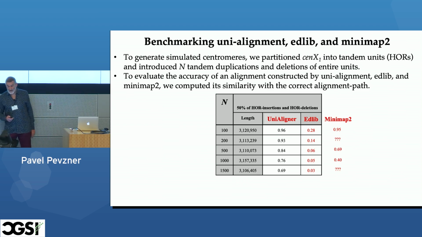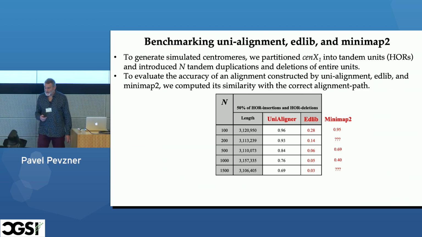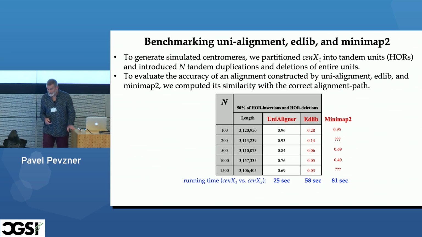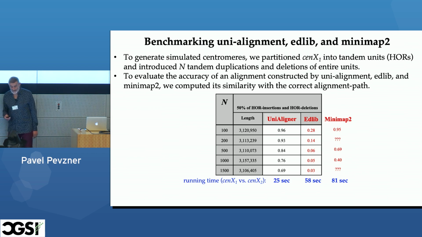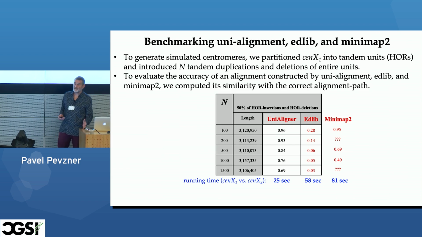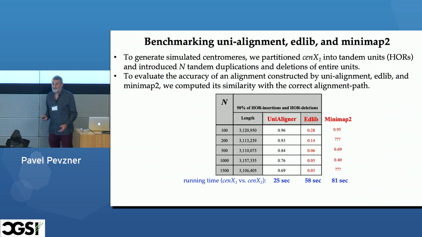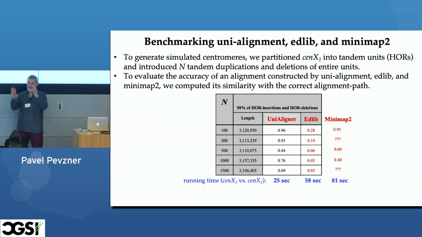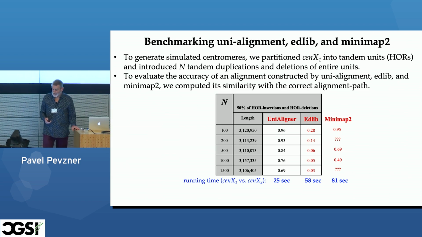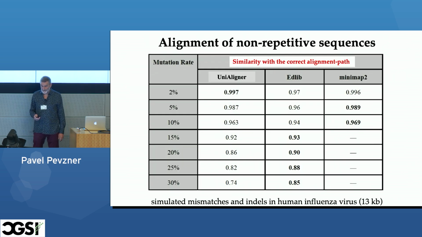If we bring in minimap, it is better, but still quickly deteriorates with an increasing number of tandem duplications. And when we look at time, uni-alignment actually runs faster than the aligner, which is kind of irrelevant here because it generates a completely wrong alignment. That's why it's fast: it goes in a short band, and it's faster than minimap.